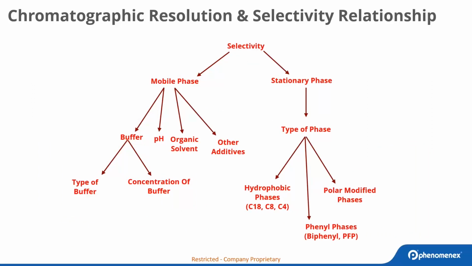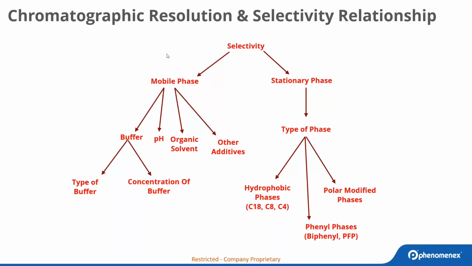So looking at a little tree here, right? We look at selectivity, and I said that it was based on mobile phase and stationary phase. So here you can see when we look at stationary phase, this boils down to type of phase and either hydrophobic phases, C18, C8, C4, polar modified phases, which we'll talk about later, phenyl phases, biphenyl, PFP.